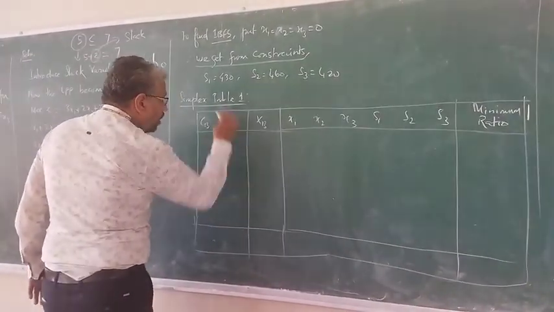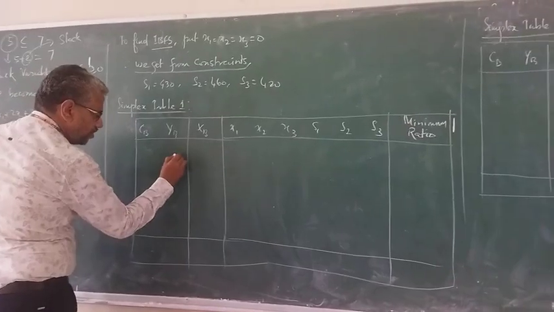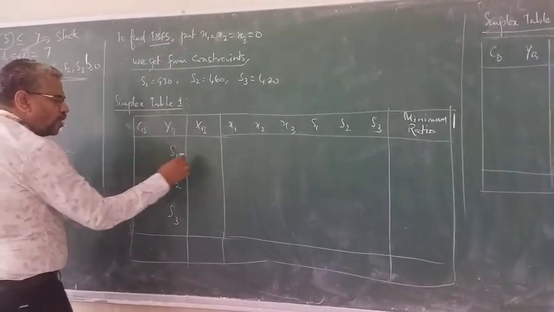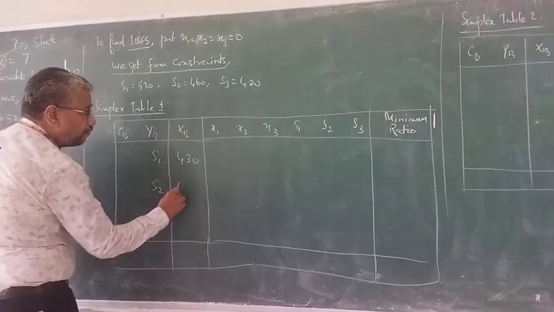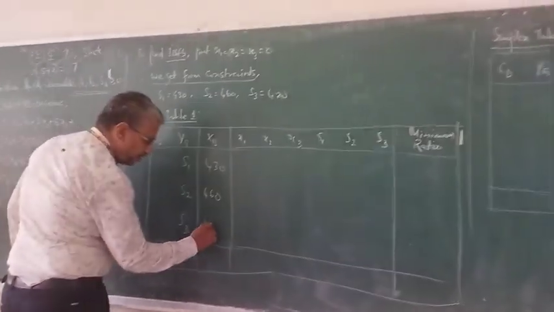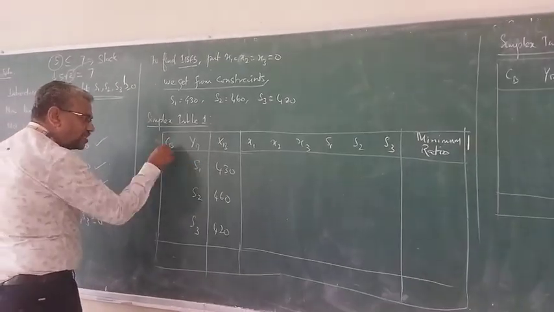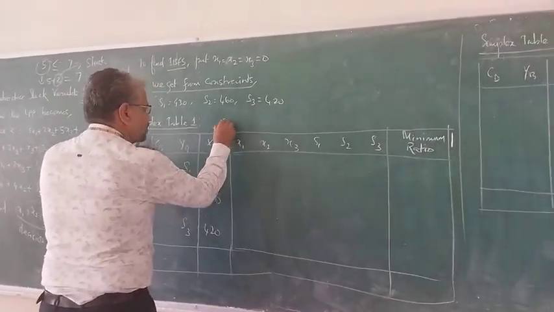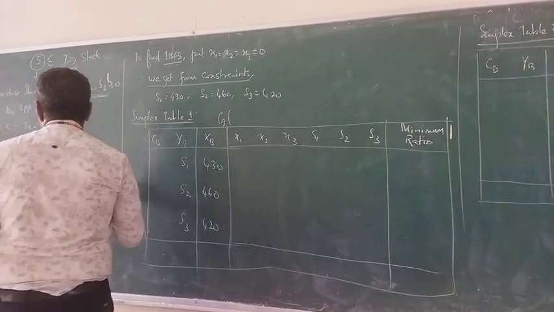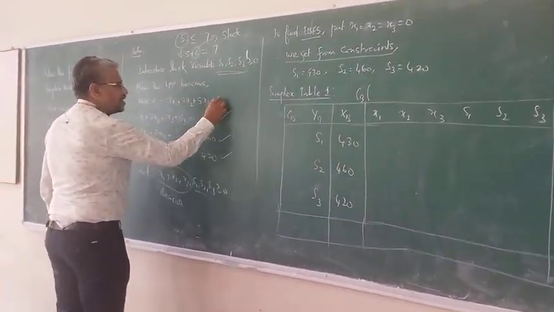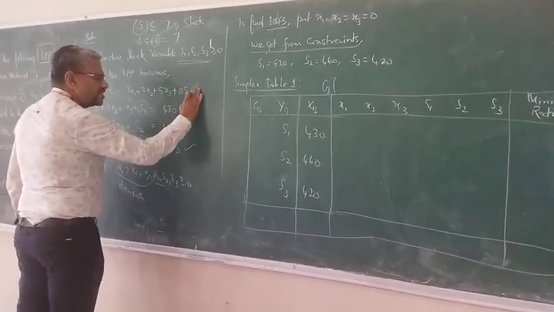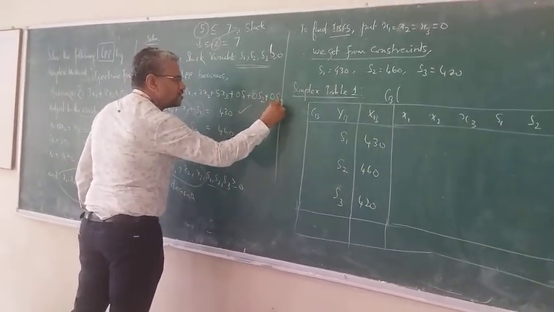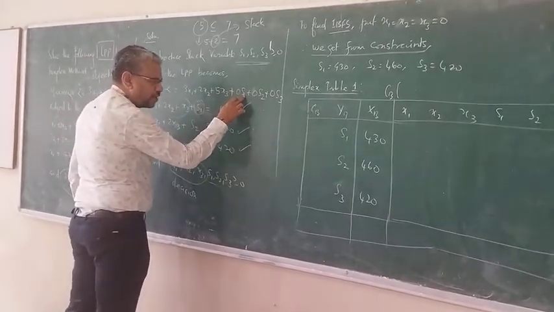Now the first table. Take the initial feasible solution first: S1, S2, S3, so the values are 430, 460 and 420. So what is CB? CB is nothing but cost in the basis, B for basis. Since a slack variable does not have any profit, it is assumed to be 0 into that particular variable.